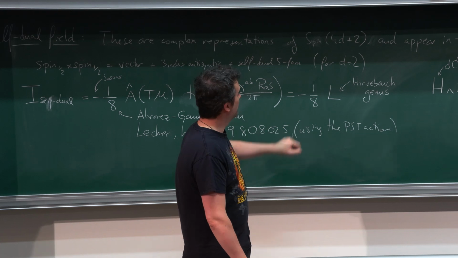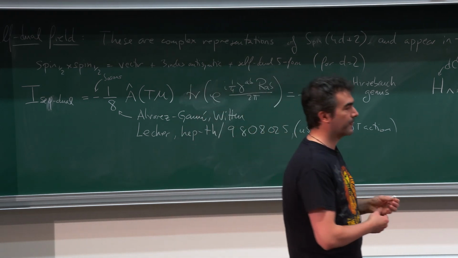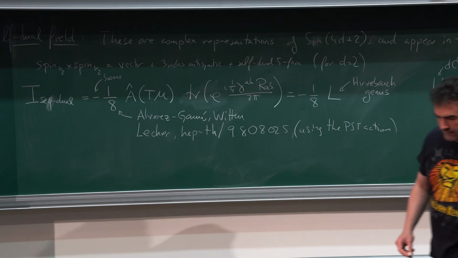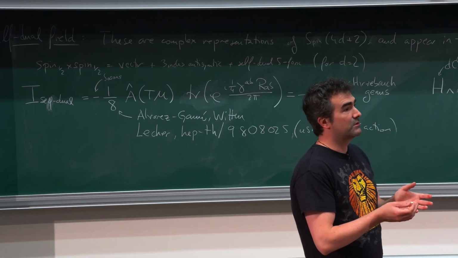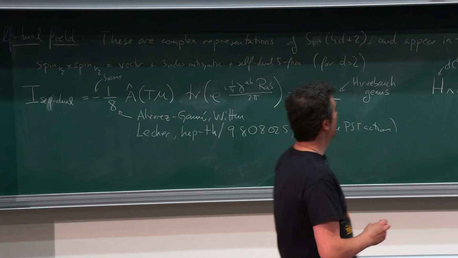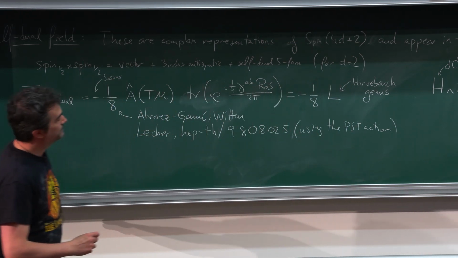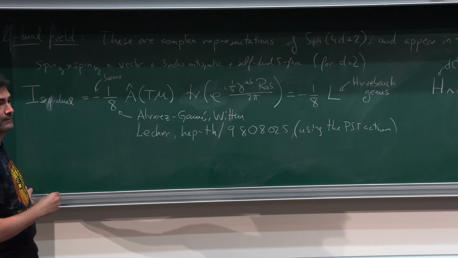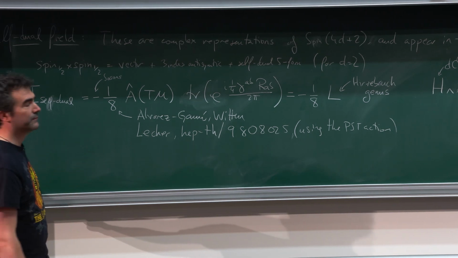Okay, so this is not the global form of the anomaly. This is just the local form of the anomaly. That's correct. So there is no 1/8 in the global answer. Well, that's interesting, in fact. If you want to answer that question, that's related to the global anomalies of type 2b. What you want to do in that case is go one level lower, to the anomaly theory, the eta invariant I've been talking about.